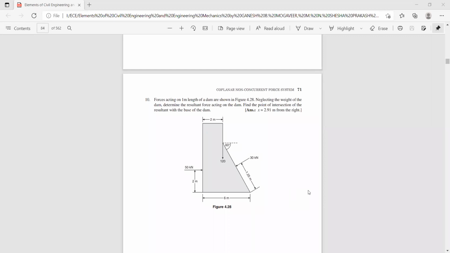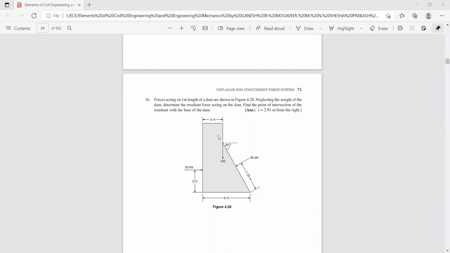So these types of problems, the only thing is you have to follow the steps. First, always select the reference axis whenever you start with a problem, whether it may be a concurrent force system or a non-concurrent force system. Then find the sum of horizontal components. Then find the sum of vertical components. Then compute the magnitude of the resultant. Next, compute the direction of the resultant.